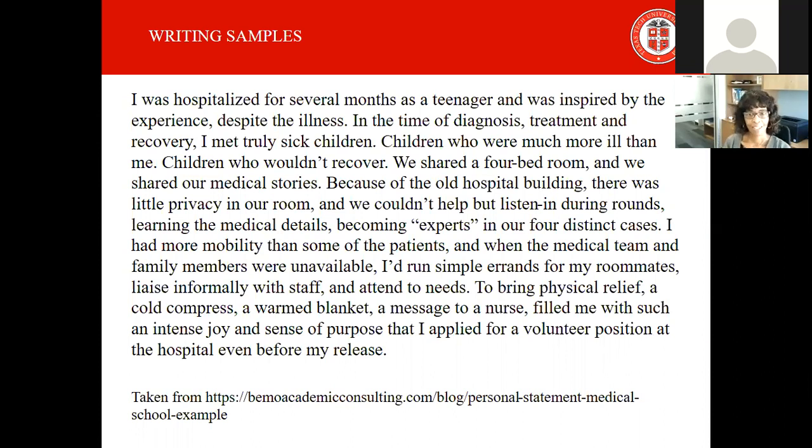So what do you think the writer's purpose is here? What is the writer in this paragraph of the personal statement wanting to do? You can just type it up in the chat, or you can speak out loud, whichever you prefer. What do you think is going on here? What's the purpose?